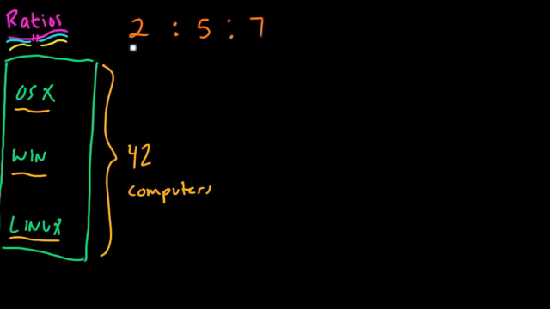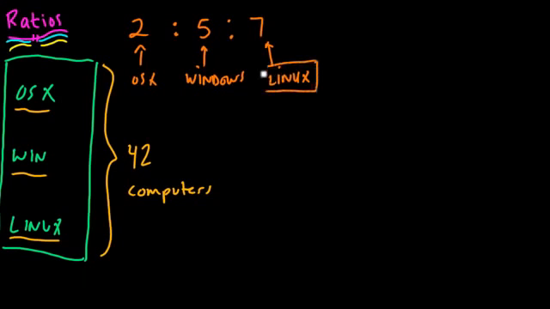And let's say that 2 represents the number of OS X, 5 represents Windows, and 7 represents Linux. Not trying to play favorites here, but it would be nice if Linux is being used that much in a lab, right? It's nice to see that kind of an operating system being used.